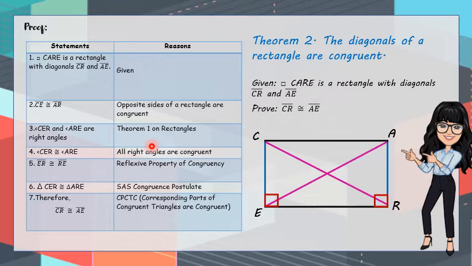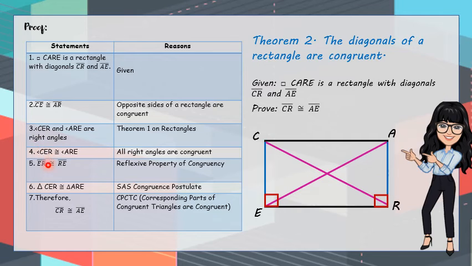Because by the definition itself, rectangles are parallelograms with four right angles. So since we are dealing with CARE, which is a rectangle, we can say that it has four right angles. So these two angles are right angles.